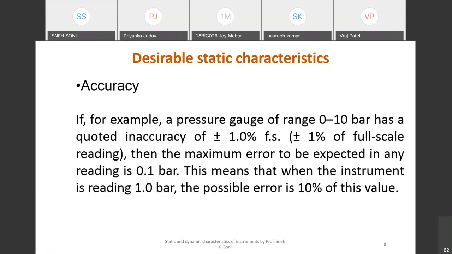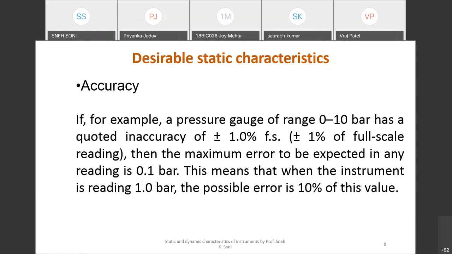So my variation is only possible in a 0.1 range. So my reading is 1, but it may be 1.1 or it may be 0.9. It will be in the range of 0.9 to 1.1. So this much my instrument is accurate.